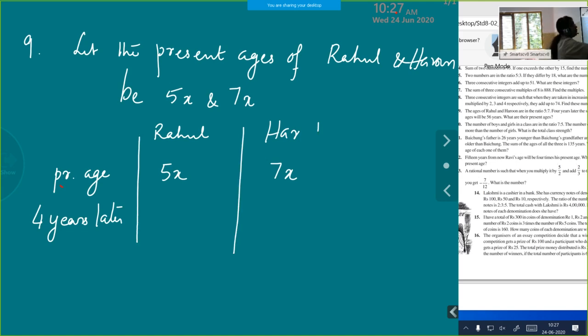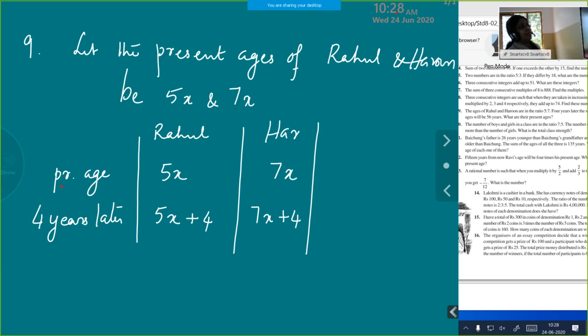If you are 13 years old now, after 4 years, what will be your age? 13 plus 4. So what will be Rahul's age after 4 years? 5x plus 4. Similarly, Harun is 7x now, so his age after 4 years is 7x plus 4. I think this is clear. After 4 years, you have to add the 4 to the present age.